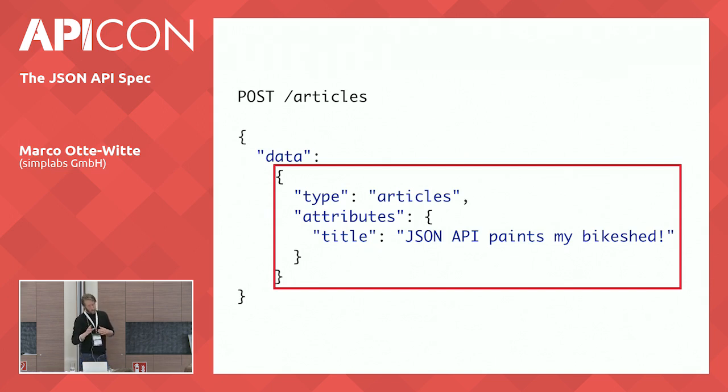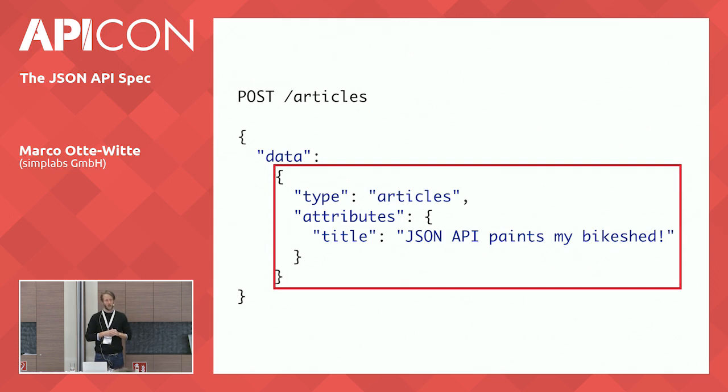Also, one important thing to mention: in the future, you will also be allowed to have an included key here, so that if, for example, you wanted to create the article and the author in one request, which is very important for transactional behavior, you will, in a future version of the spec, be allowed to have an included object for creation requests as well.